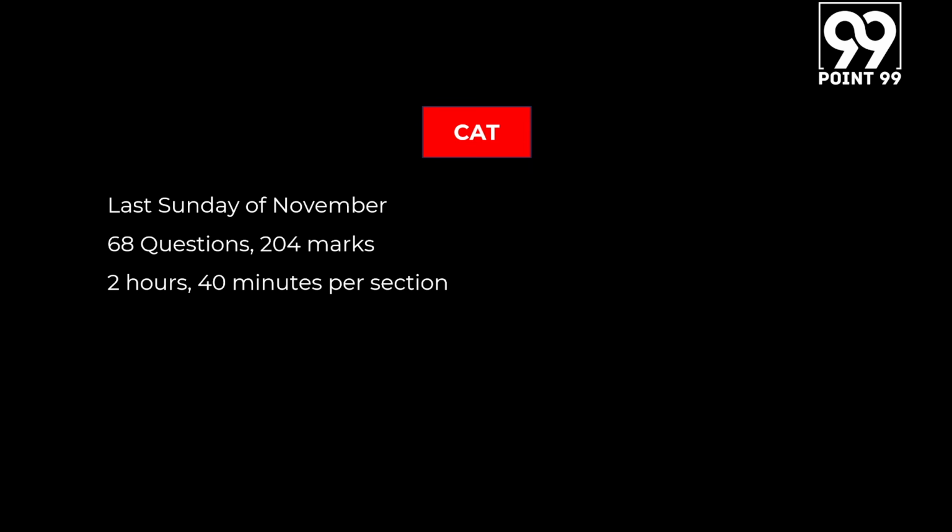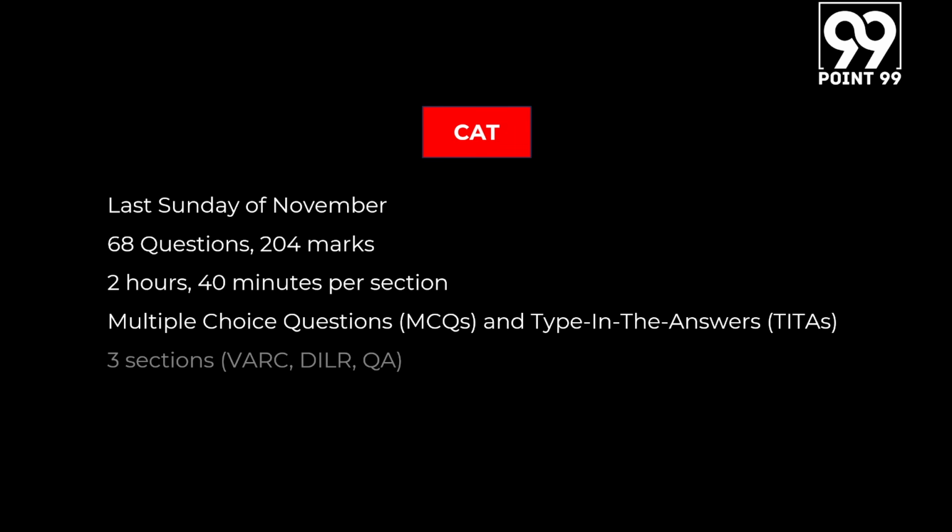Talking about sections, there are 3 sections: the VARC or the Verbal Ability and Reading Comprehension section, DILR or the Data Interpretation and Logical Reasoning section, and QA, which is the Quantitative Ability section. There are 2 types of questions that you can see on screen. One is called multiple choice questions and the other is the type in the answer or the TITA kind of questions.